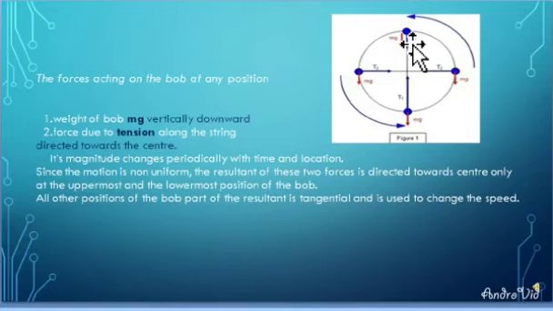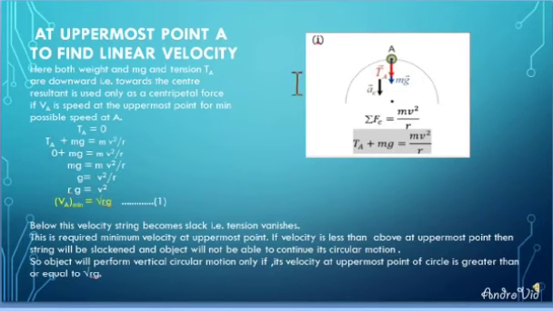The second force is the tension along the string, which acts towards the center. Only its magnitude changes periodically with respect to time and location. Now we have to study the velocities at these four positions.